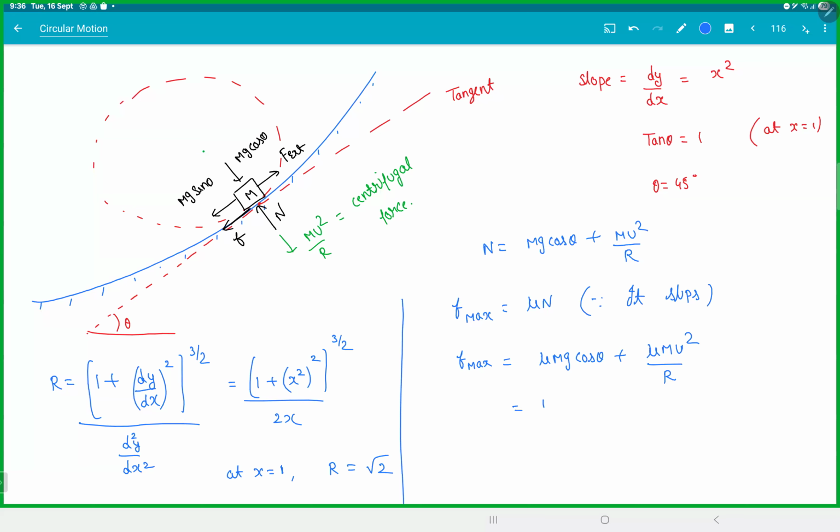I think you got everything. So this is half. mg is 100, cos 45 is 1 by root 2, plus half, m is 10, v square is 100, so 1000 by root 2 over 2 root 2.